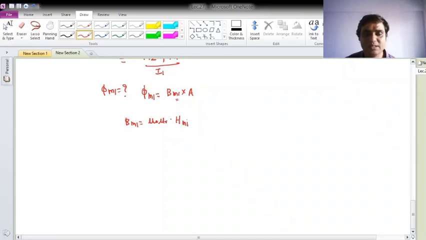It will be mu 0 mu r, and magnetic field strength will be defined as N I by L, means N1, the number of turns in coil 1, into current, divided by the average length of the mutual flux.